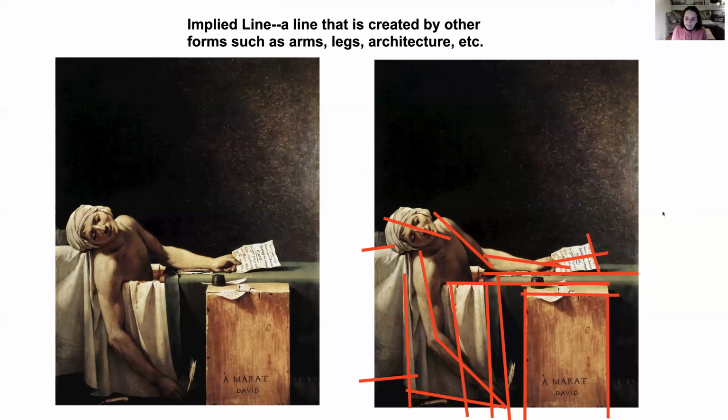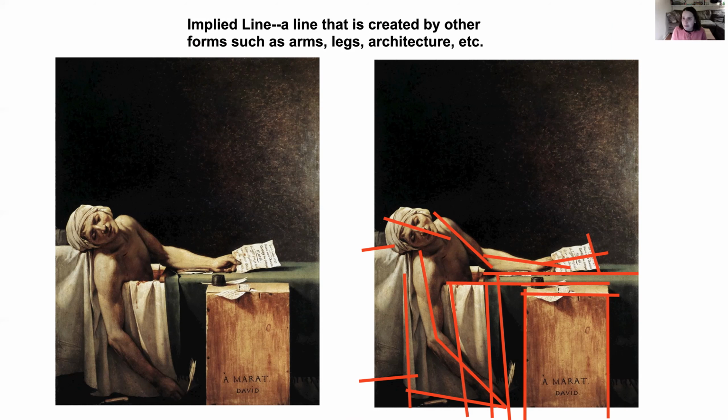They're implied lines. So they're lines that are not exactly there, but are made through other forms in the image. You'll want to think about this as a way that artists create compositions, meaning the way that an artist takes your eye through a space.